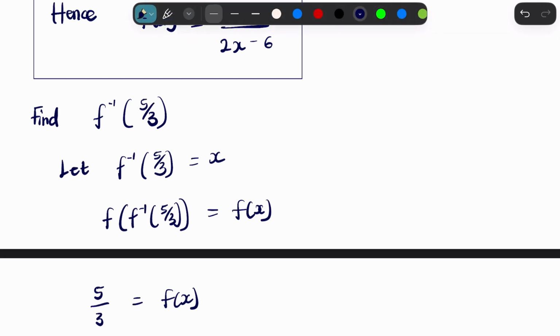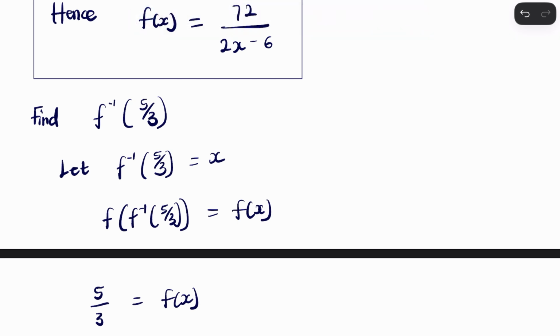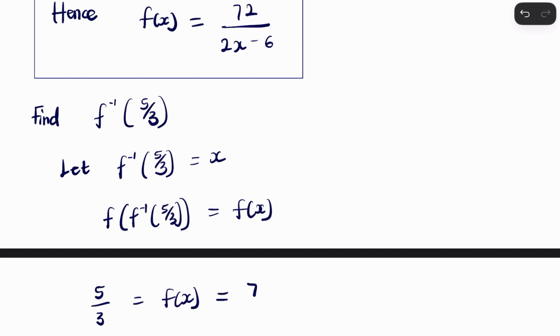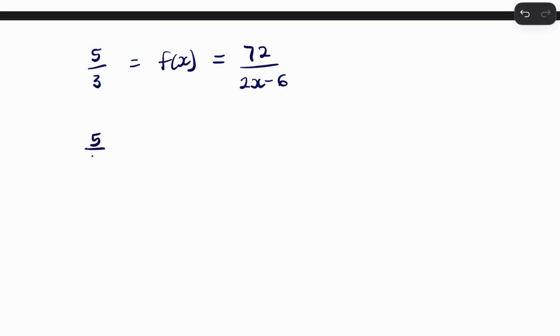So then this will now be equal to 72 on 2x minus 6, right? Then we can now solve for x. Thus we have 5 on 3 is equal to 72 on 2x minus 6. So we can cross multiply, then we now solve for x, right?